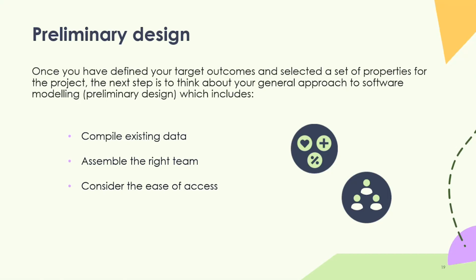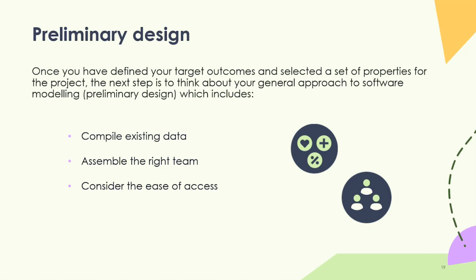So now looking at the preliminary design. Once you've identified your target outcomes, and have a shortlisted version, or long list version actually to start with, of properties that would be suitable for the project, then it's about considering what approach you're going to take to retrofit these to meet those required targets.